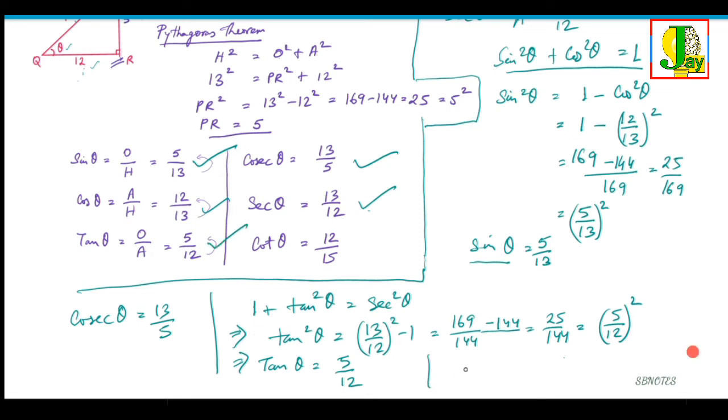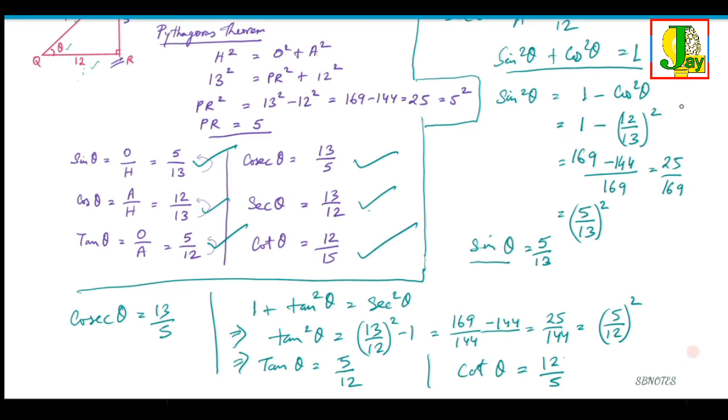Similarly, cot theta is reciprocal of tan theta, so that's 12 by 5.